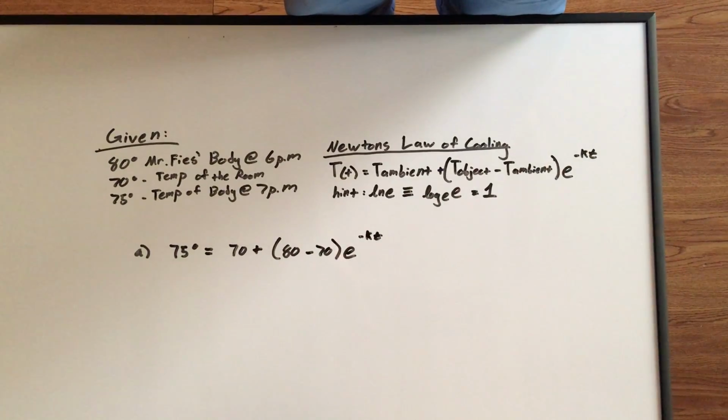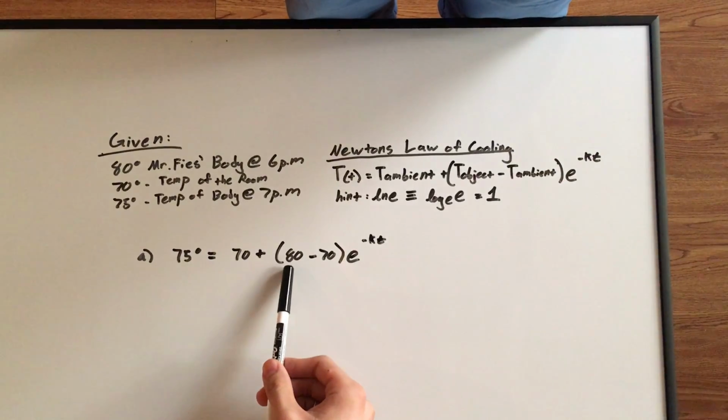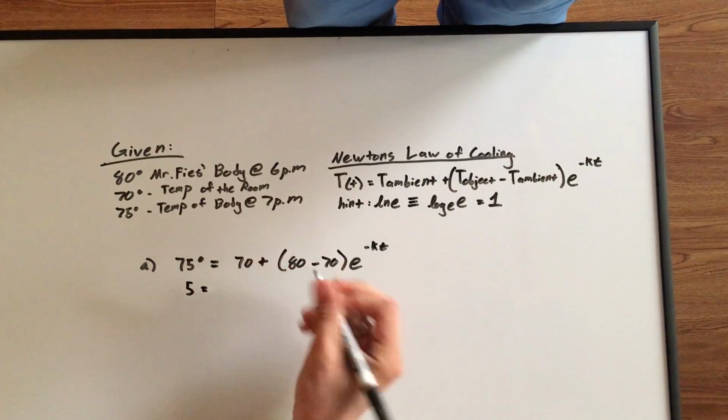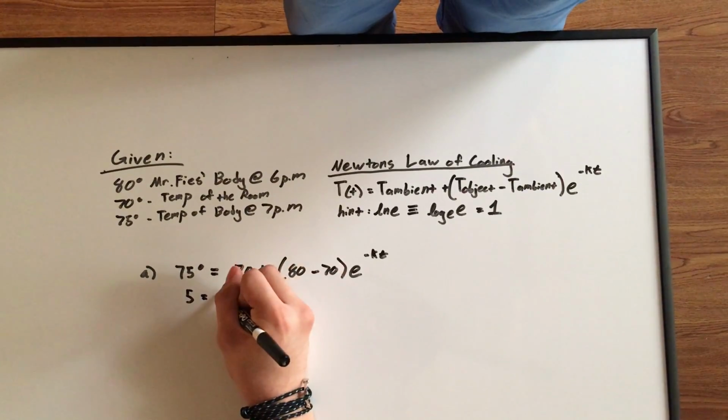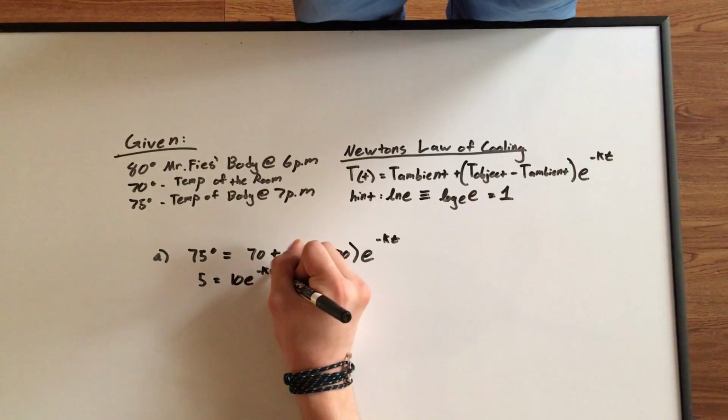Now, we're just going to be using simple algebra here, subtracting 70 from both sides, and then subtracting 80 minus 70. This should give us 5 is equal to 10e^(-kt).